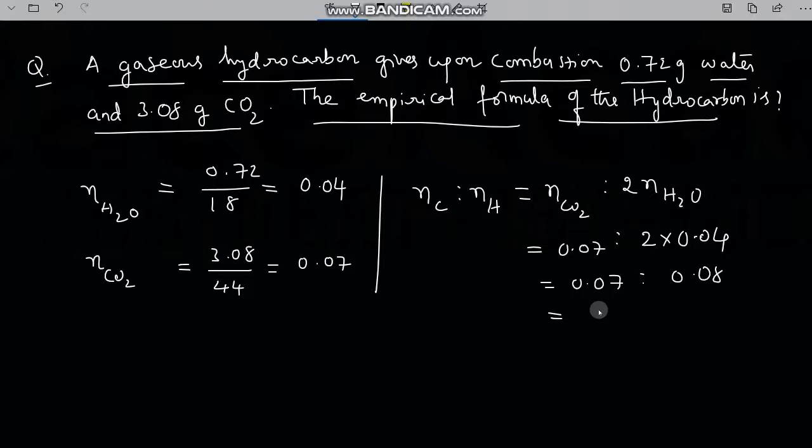Therefore, what is the ratio? 7:8. Therefore, the simplest ratio of the hydrocarbon, that is the empirical formula, is carbon 7, hydrogen 8. So C7H8 is the formula of this compound.